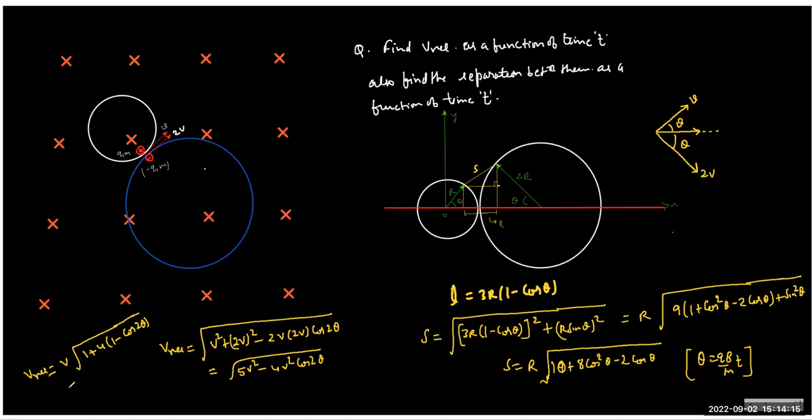Can we write like this? So V relative turns out to be V into root of 1 plus 8 sin square theta, right? Yes, sir. You understood this part? Yes. Okay.